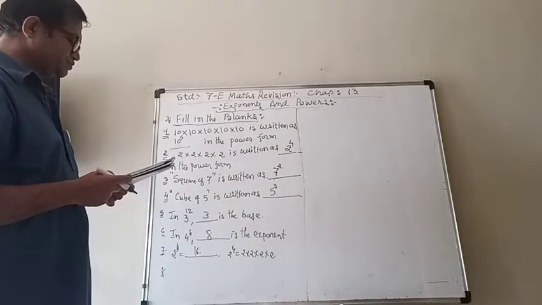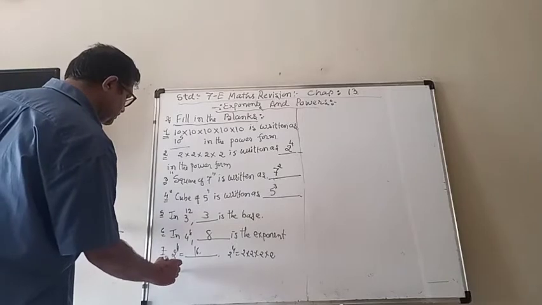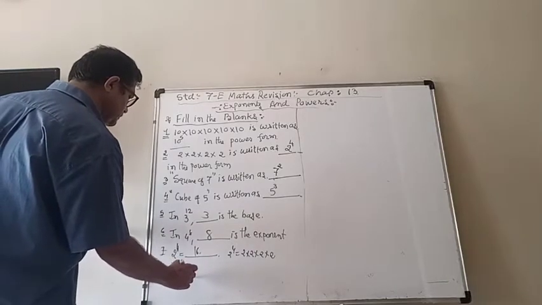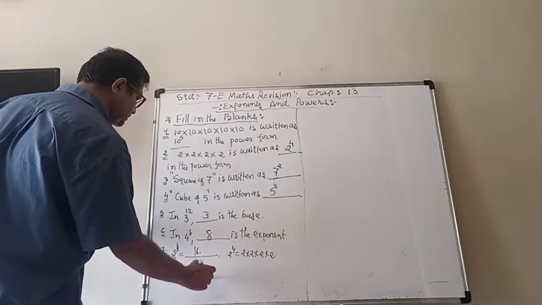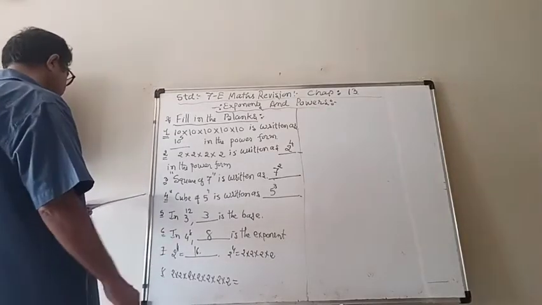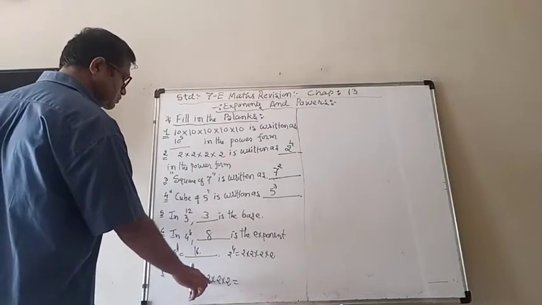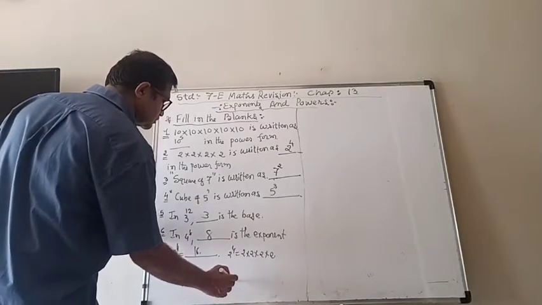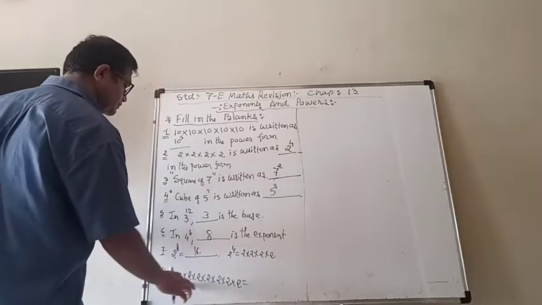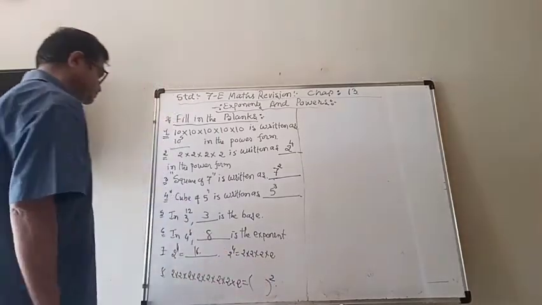8th blank. 2 multiplied by 2 multiplied by 2 multiplied by 2 multiplied by 2 is equal to blank square.